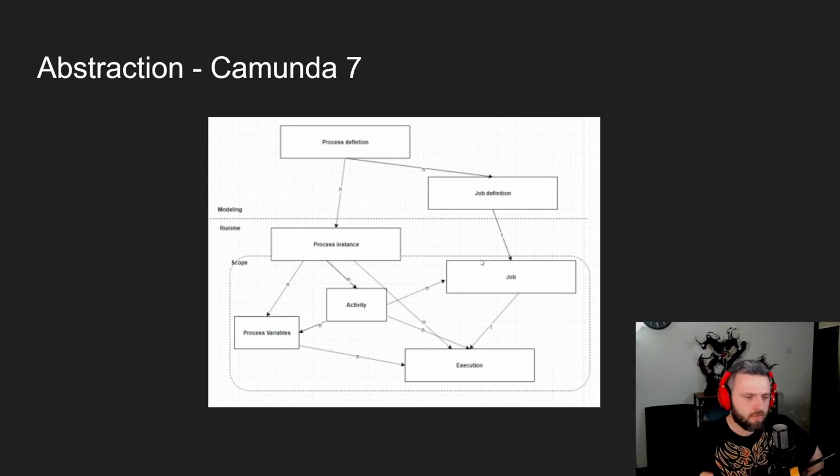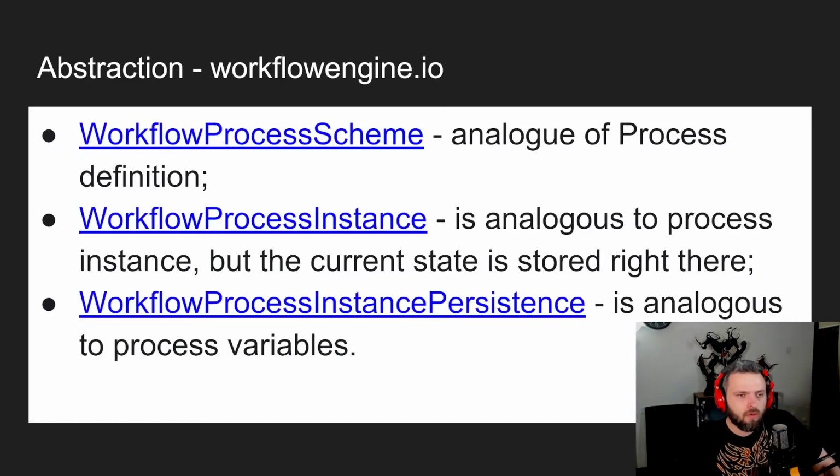It's a specific job that can be executed, for example, send a notification through email. Jobs are connected to activities because one activity can have n jobs because of retries, incidents, and so on. All of this abstraction is quite simple and can fit in any software developer's head in just 2 days, maybe 1 day.